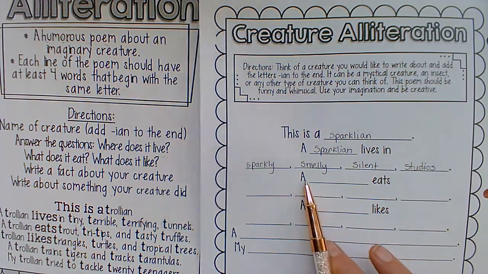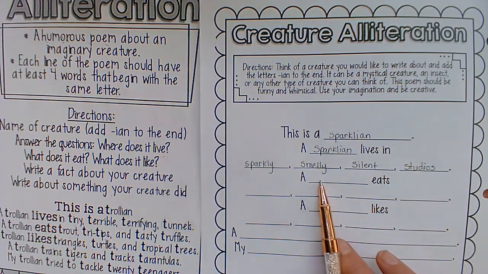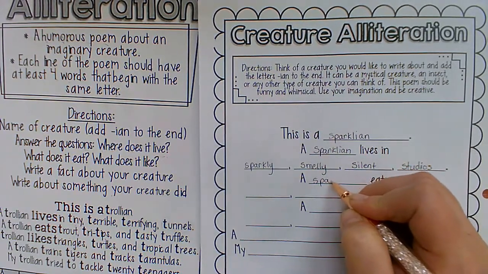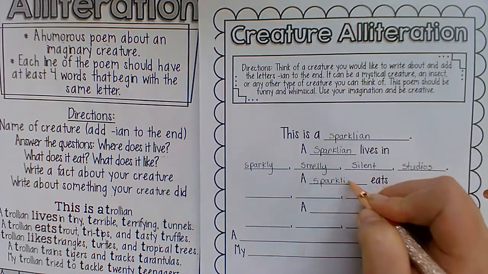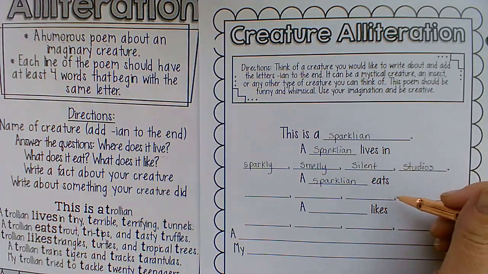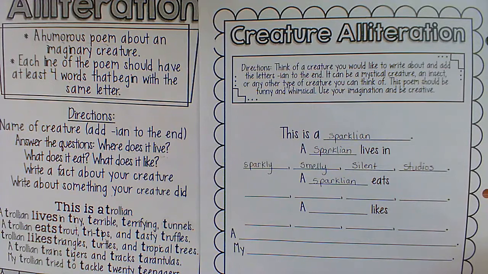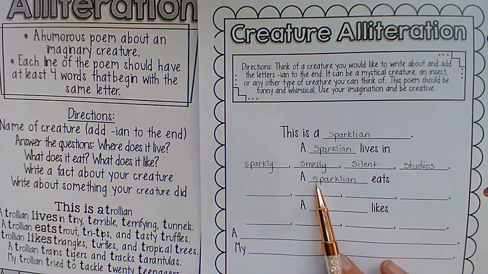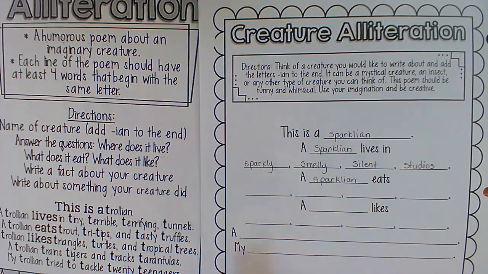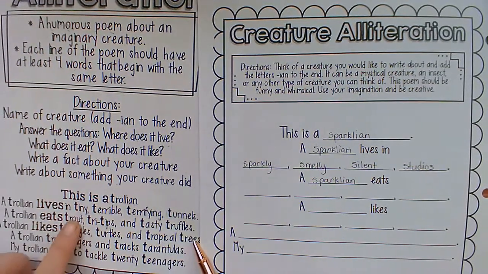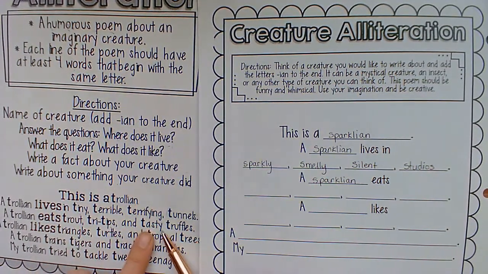Okay, so our next part is to put our creature name again, a Sparklian eats. Now I'm going to come up with some words for different types of food that start with S. Now when I look again at the example, it's got trout, tri-tips, and tasty truffles.